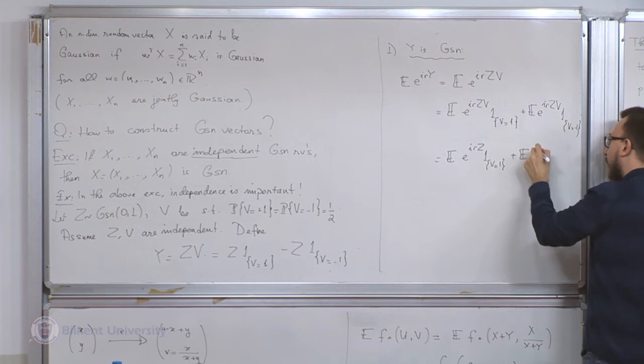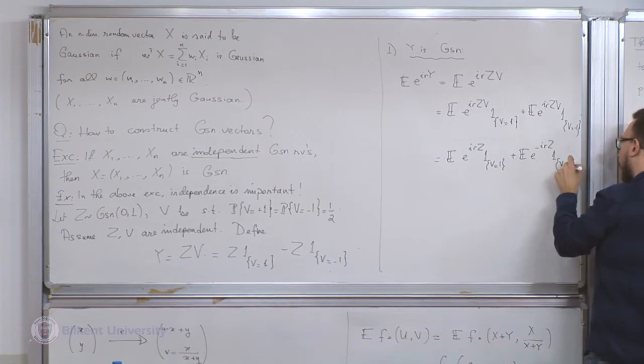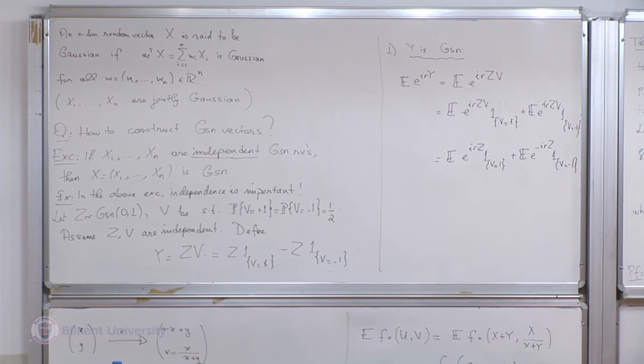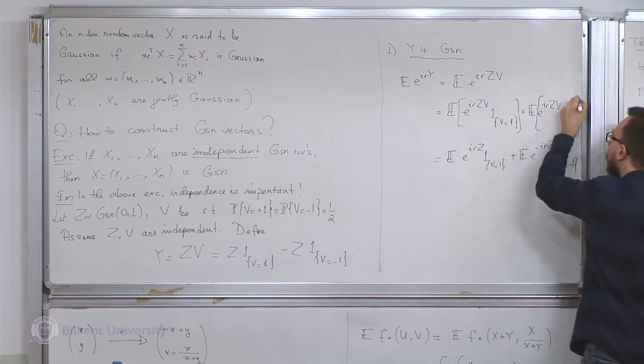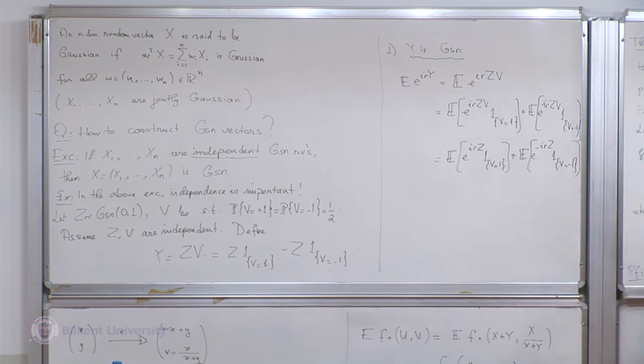When this is minus 1, I have e^{-irZ}, indicator V equals minus 1. Okay? If you like, we can put square brackets to make things clear for you. Okay?